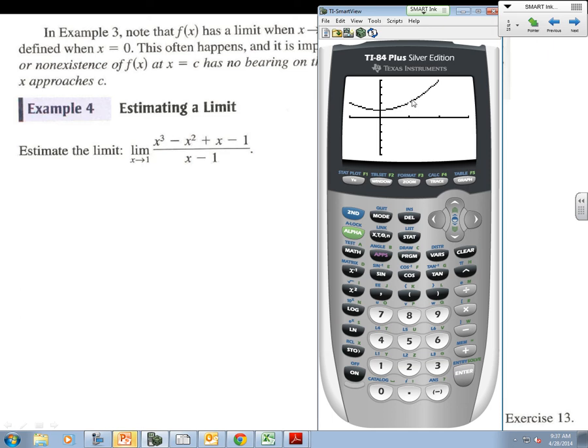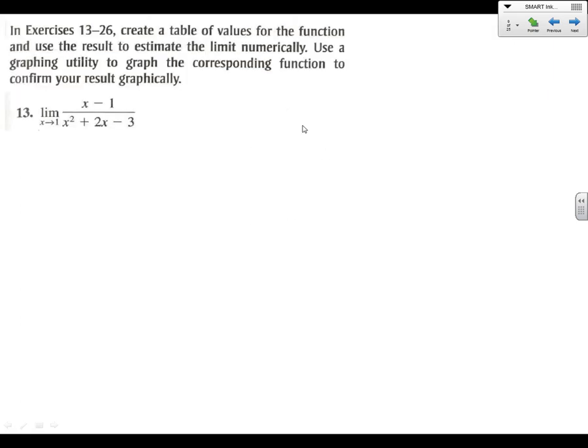We can't be at x equals 1. So when you graph these, sometimes you're going to have holes, which we'll denote with a little circle. But that doesn't matter because we can still get very close to that point even if we can't actually be there. So see if you can use a graphing utility to figure this one out graphically, by graphing it and looking at the graph to find the limit.